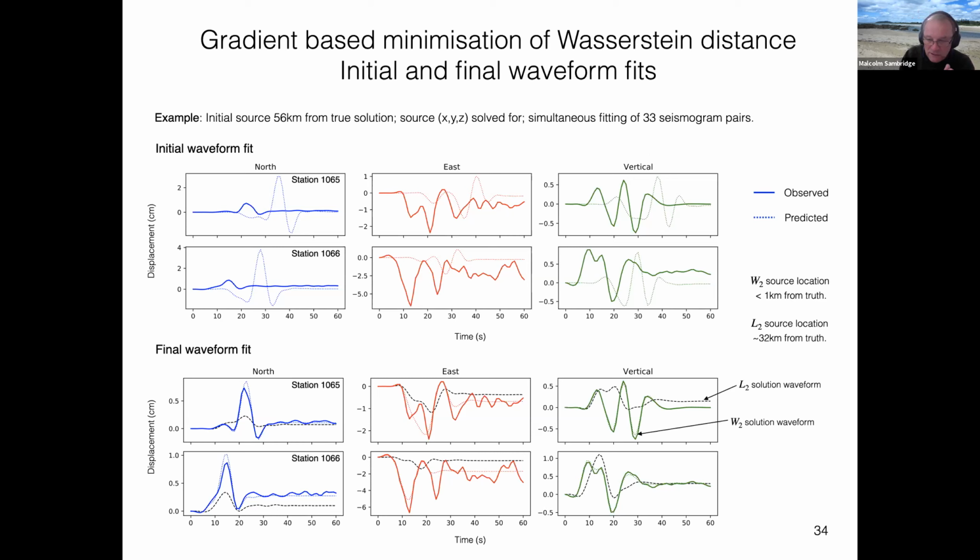Now, the L2 is the black dashed line, and you can see in all the panels that mostly the L2 doesn't fit the data because it's converged to a local minima for this problem, whereas the Wasserstein does fit the data because it's got into the final solution, the good solution. The Wasserstein solution in this particular case is about 1 kilometer from the truth, which means it's within the uncertainty, and the L2 converges to 32 kilometers from the truth.